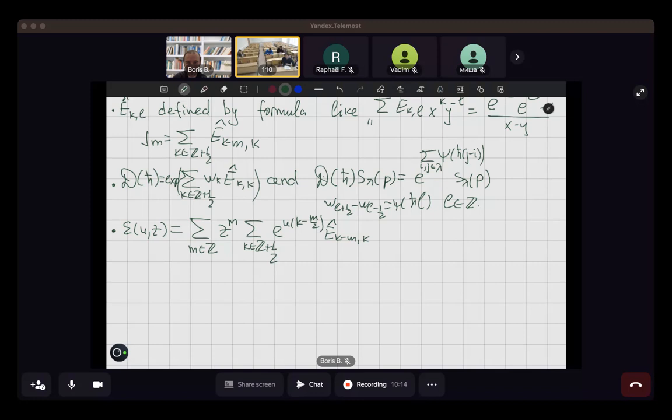So is this formula clear? It was a starting point. Remember, we had a formula for this generating function for Hurwitz numbers in terms of tau functions. But this formula is more or less precisely that formula written in this form.